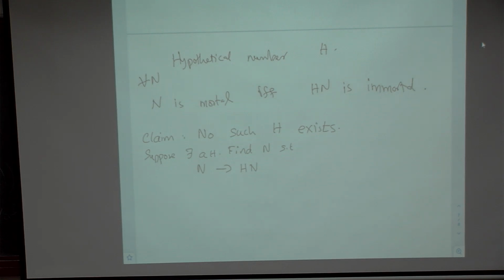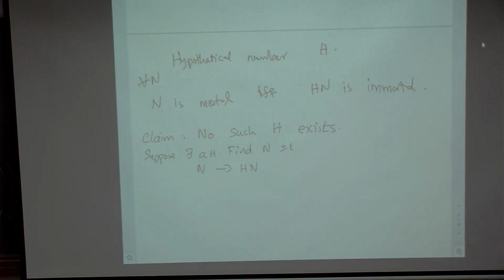So, I think your ideas are correct. All we need to come up with is that if there is such an h, you come up with a number n such that if n is mortal and h of n is also mortal, or n is immortal and h of n is also immortal, then you are good.